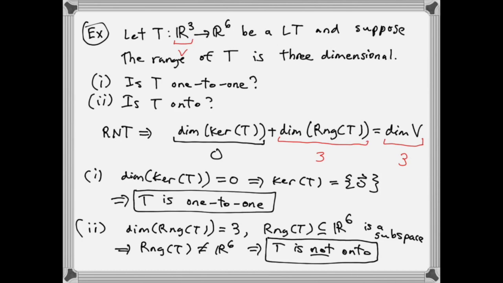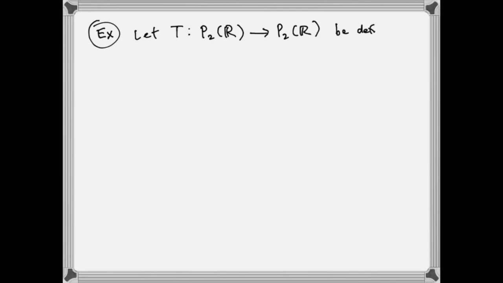Let's do one more example. This one will be interesting, a little bit trickier. So here, let me write this down. Let T, this time we're doing a map which goes from P2R to P2R, be defined by, I have to tell you what to do with a polynomial.